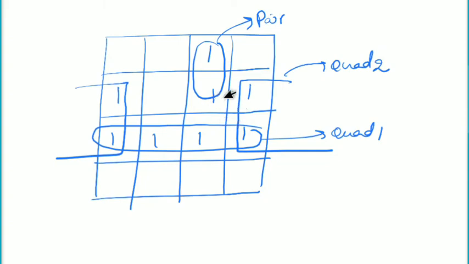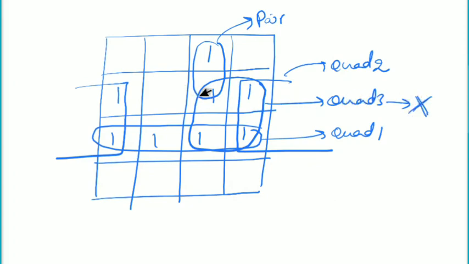Now there is one more possibility of a quad. These 4 will make a quad 3, but this is not essential. No need to look for this quad 3 because all the cells available in quad 3 are already covered by quad 2, pair 1 and quad 1. That is the reason you need not worry about this quad 3, right.